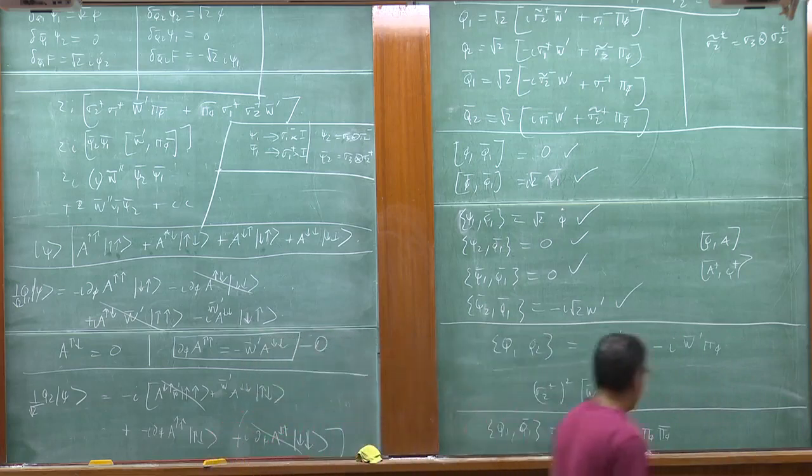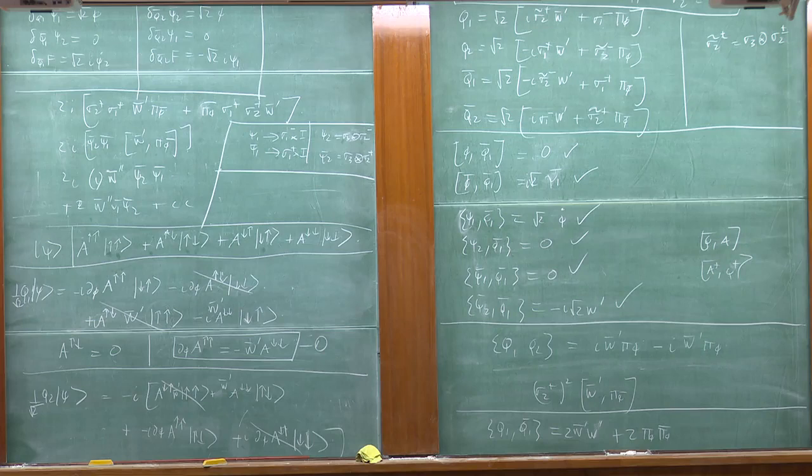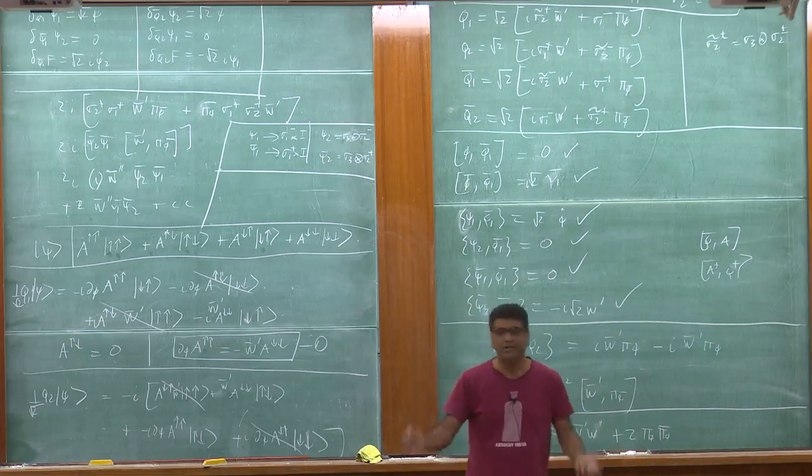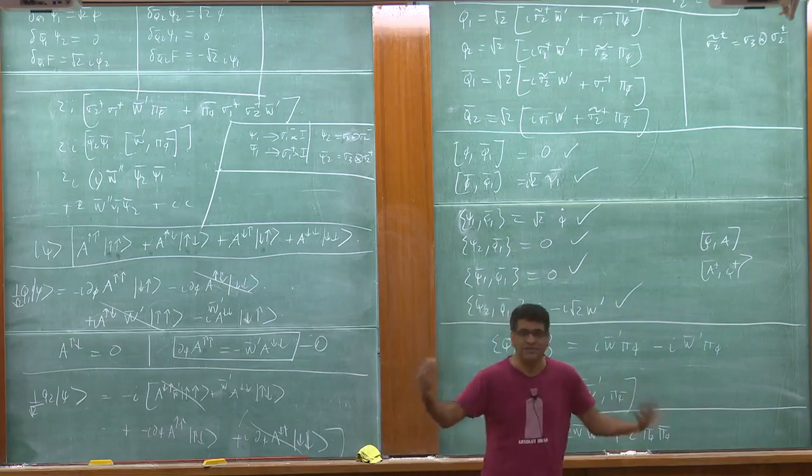In the last class, we started writing down the Lagrangian and so on, and we will come back to that at some point. But since we've gone through this whole exercise, what I really want to discuss now is the supersymmetry transformations of that model.